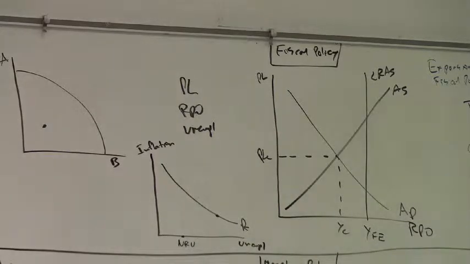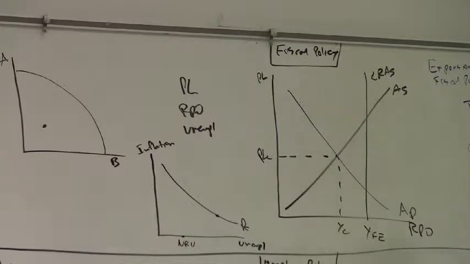What is government going to do with taxes if they're doing expansion? Decrease. And with government spending? Increase it. So taxes are going to decrease and government spending is going to increase.